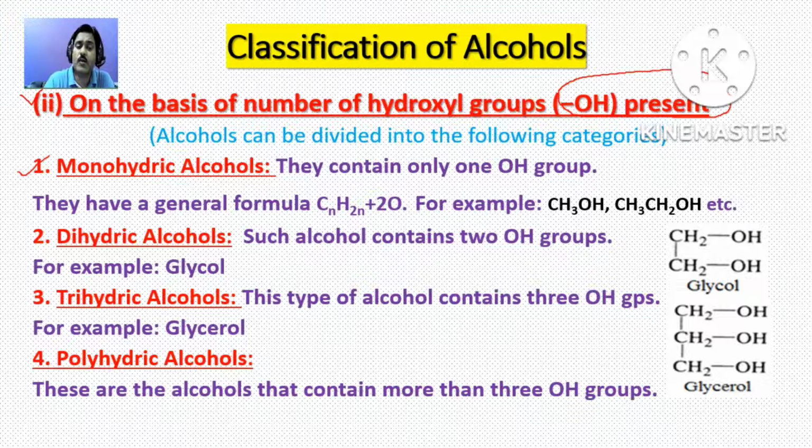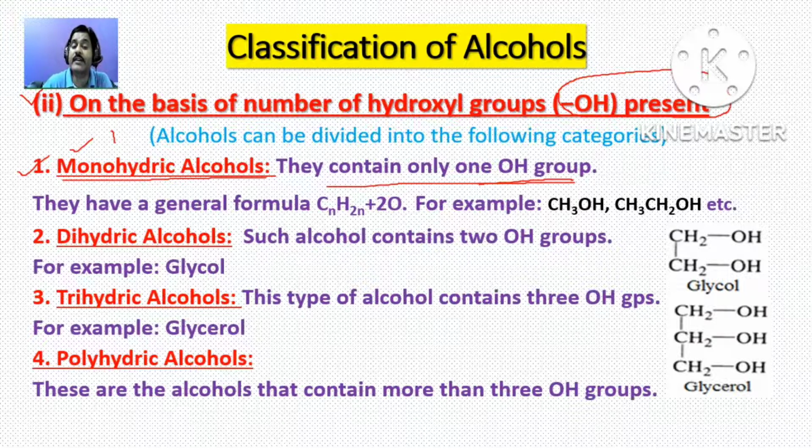These are monohydric alcohols. Mono means single, one. So monohydric alcohols are those alcohols in which only one hydroxyl group is attached.